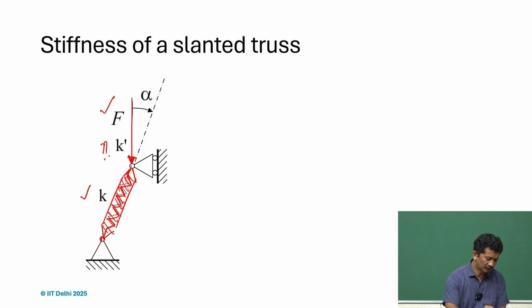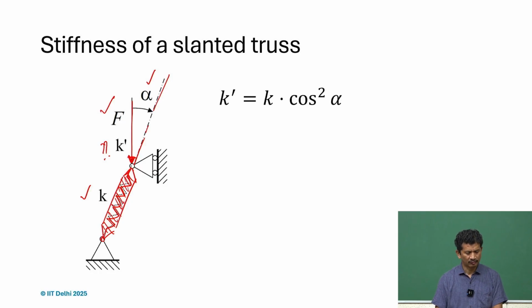So, the direction is given, and suppose it is slanted at this angle alpha. What is the equivalent stiffness? So, again, after working through, we may realize that it is a square term, and it is cos square alpha.